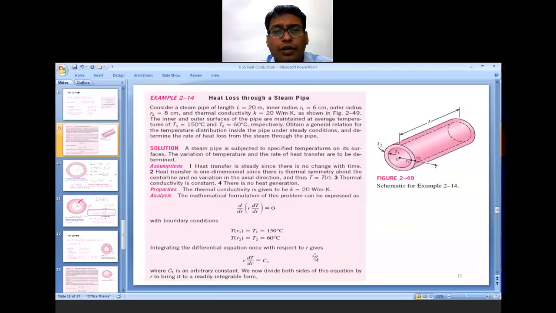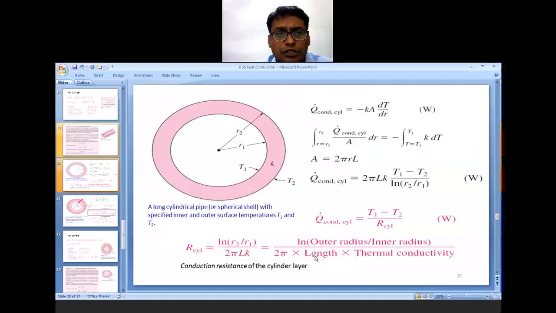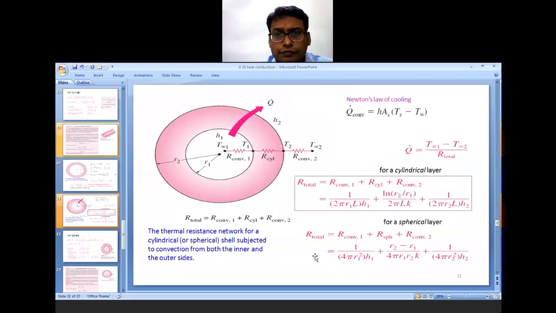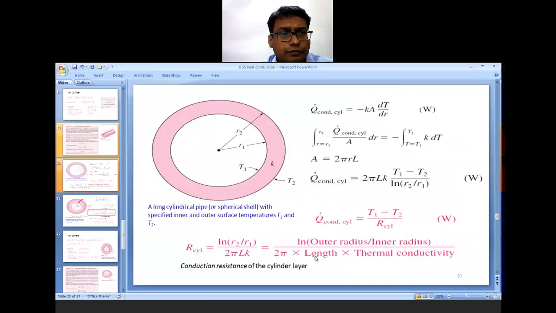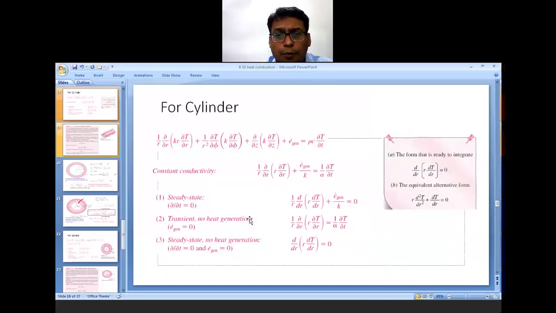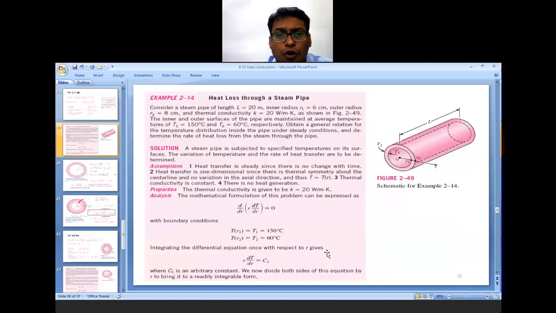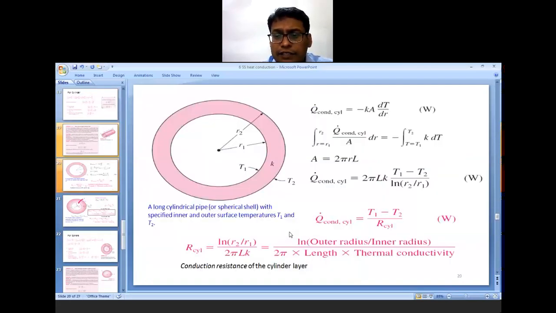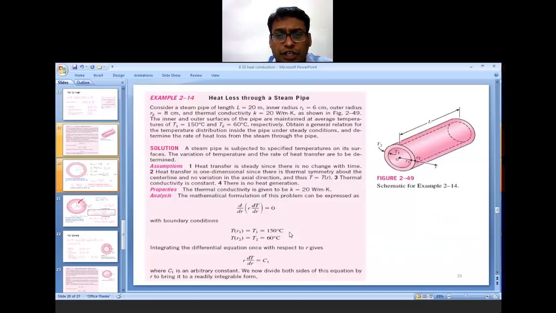After that, we have derived the general heat conduction equation, from d upon dr of r dT upon dr equal to 0, on integrating twice and substituting the values of the constants C1 and C2.